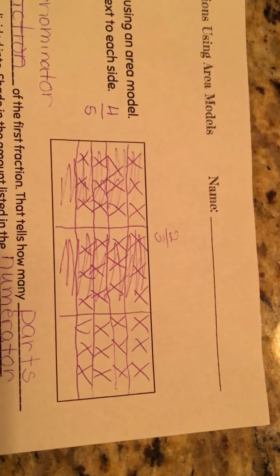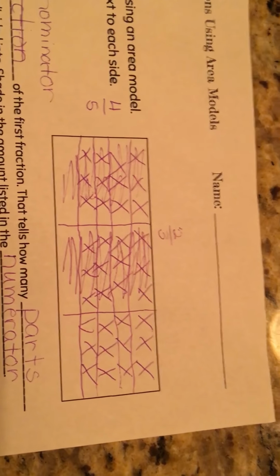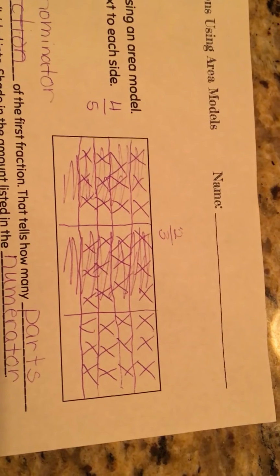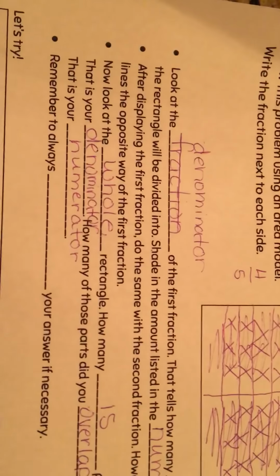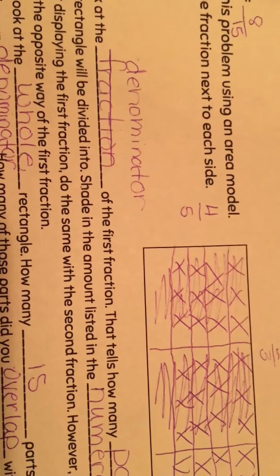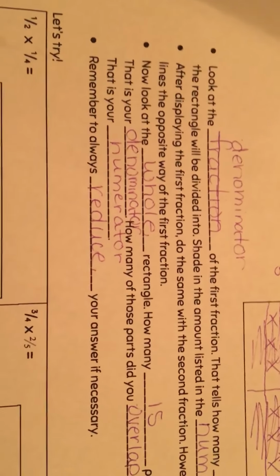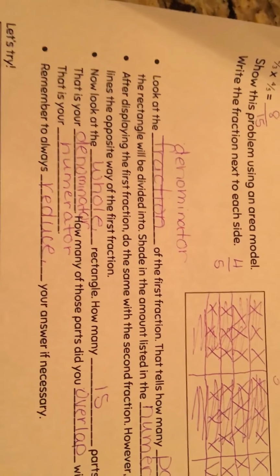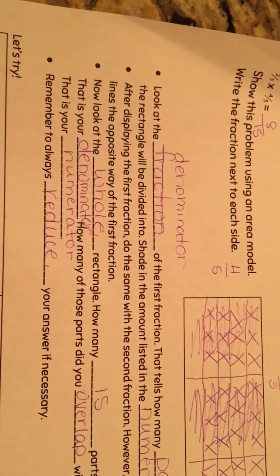And if it helps, we talked yesterday about how you can use 2 different colors and shade those as well. Okay? So my final answer is going to be 8/15. We always want to remember to reduce, but since I can't divide 8/15 by anything, I'm going to say that's my final answer.